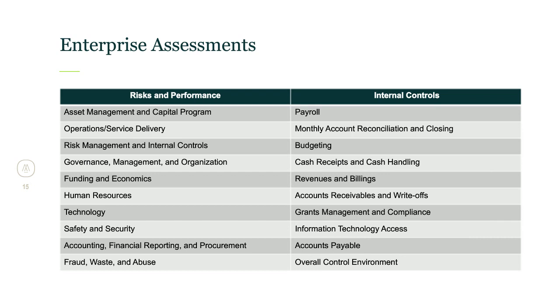What you want to make sure to do is touch all of those through an enterprise risk and performance assessment. And then on the control side, think about what makes up controls: policies, procedures, processes, and systems.